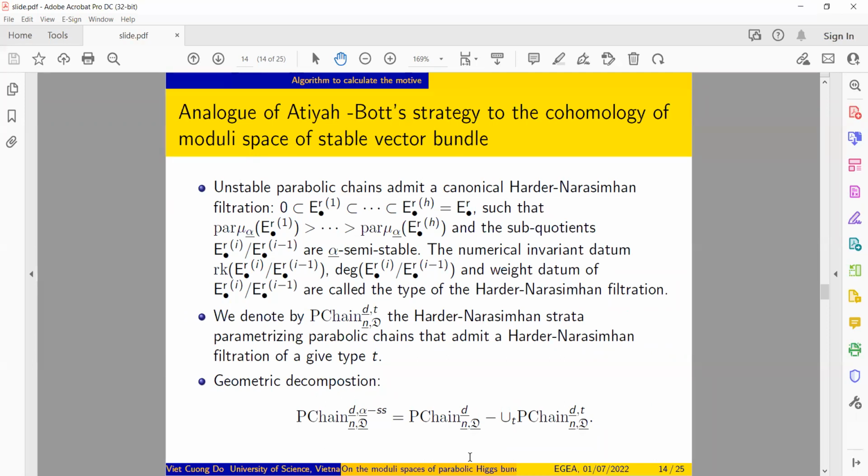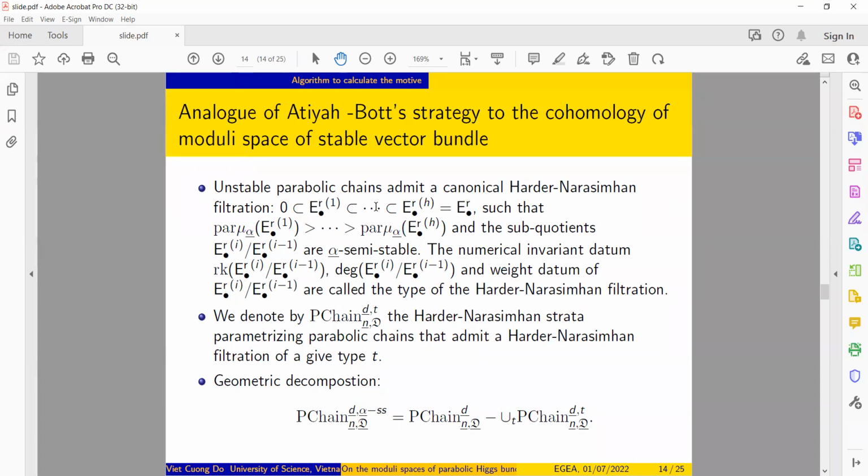Because if you have an unstable Porrick chain, we have a canonical Harder-Narasimhan filtration, and we can use the Harder-Narasimhan filtration to calculate the unstable part.